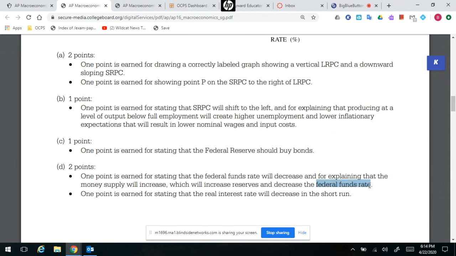The federal funds rate is the interest rate that banks charge each other for short overnight loans. Well, if banks have an increase in their money supply because of increased reserves, they don't need to charge each other as much to borrow the money.